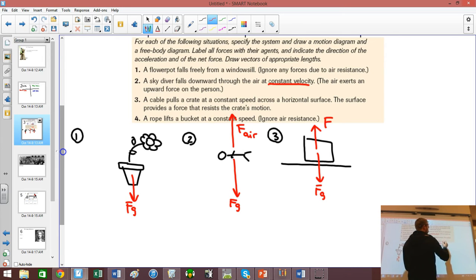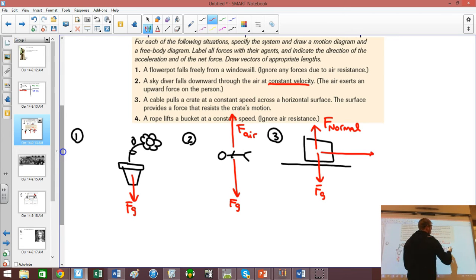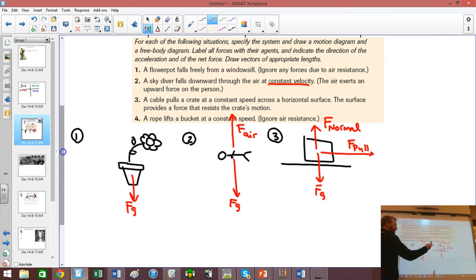We call this the normal force. I'm pulling it, so I don't know how big my pull is. But you'll notice that there's probably friction. It says the surface provides a force that resists it. And again, it says constant speed. So friction is here, equal and opposite the force of the pull.